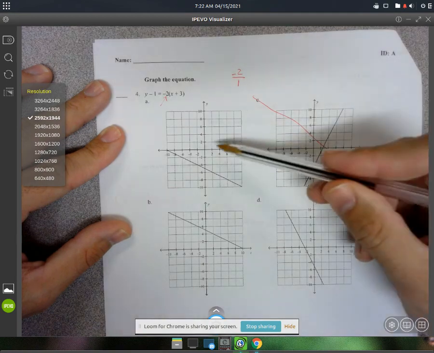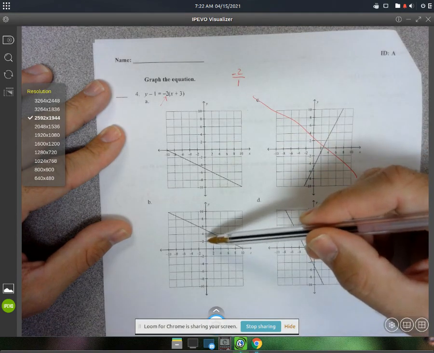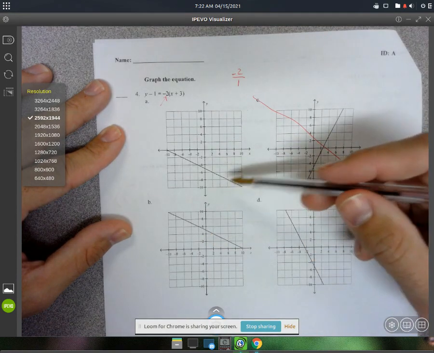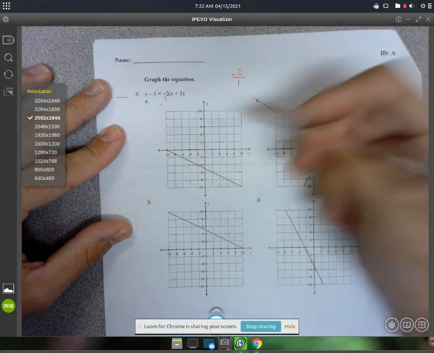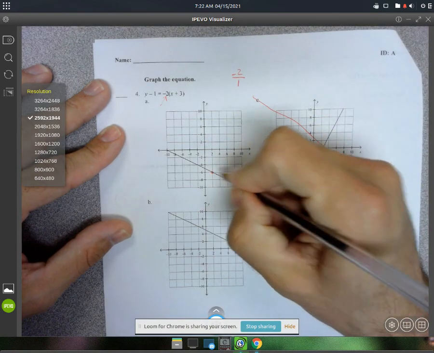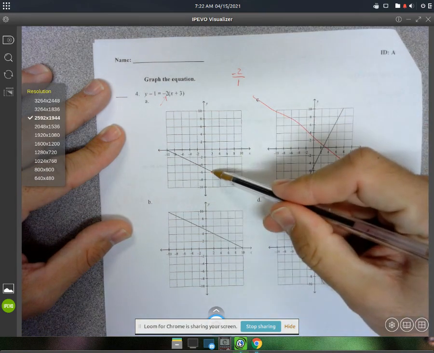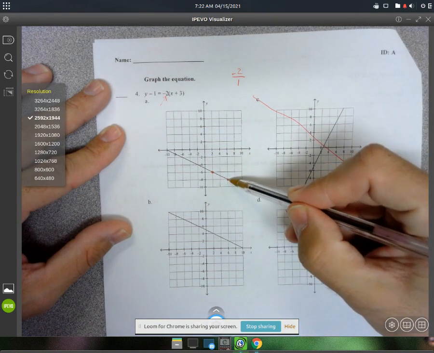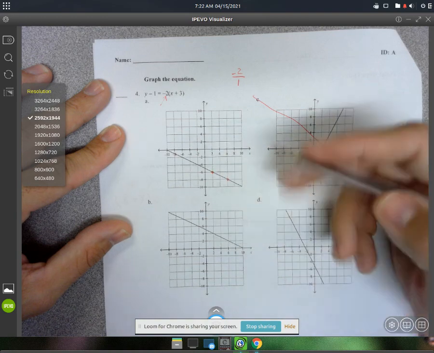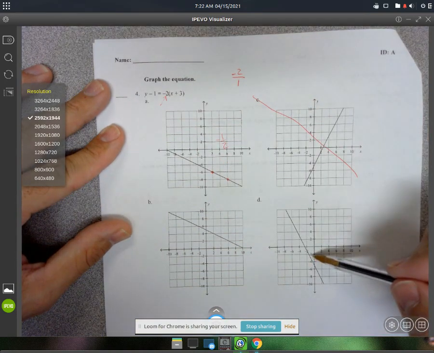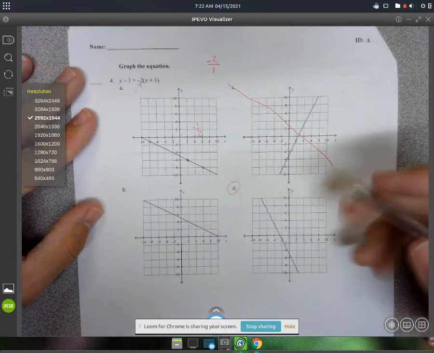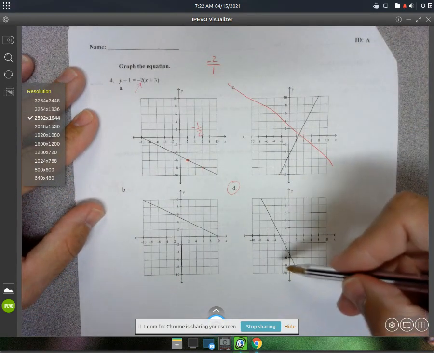For A and B, the slope is actually negative 1/2. I know it's kind of hard to tell because these all count by 2's. But if you look here and here, it goes down 1 and then over 2. So A and B have a slope of negative 1/2. D is the only one that goes down 2 and then over 1.